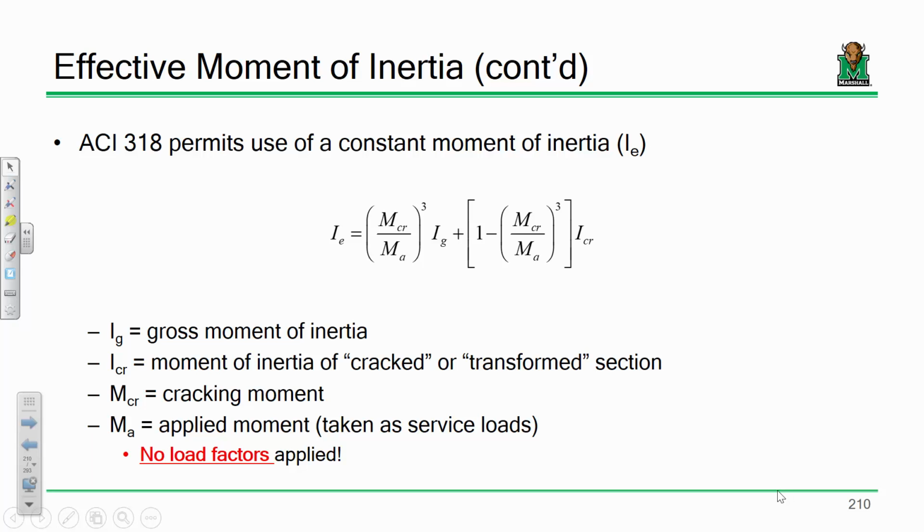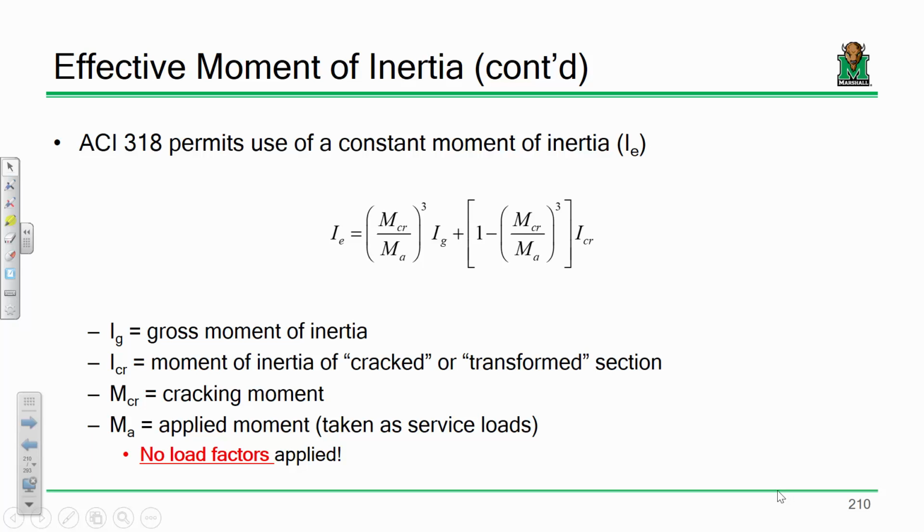So your effective moment of inertia is right here, and that's this formula. I put this on the board just so I don't have to keep referring back and forth. It's a function of 4 quantities. 3 of them remain constant throughout your problem: the gross moment of inertia, the cracked moment of inertia, and your cracking moment. What changes is your applied moment. As your applied moment changes, you get a different moment of inertia.